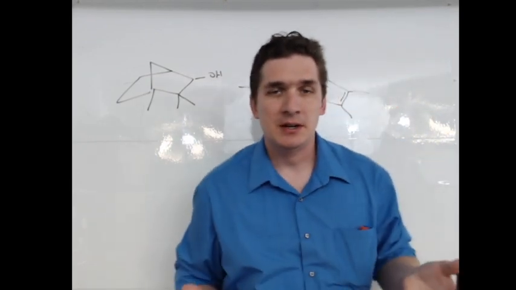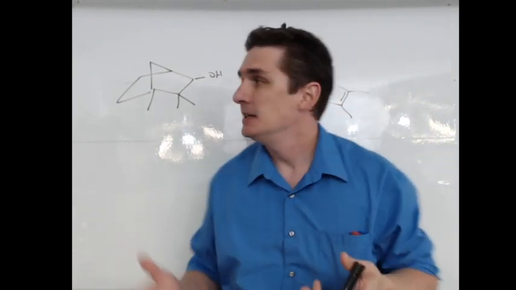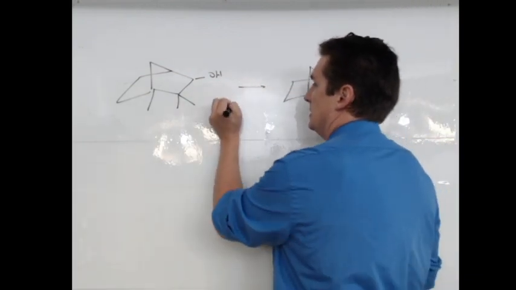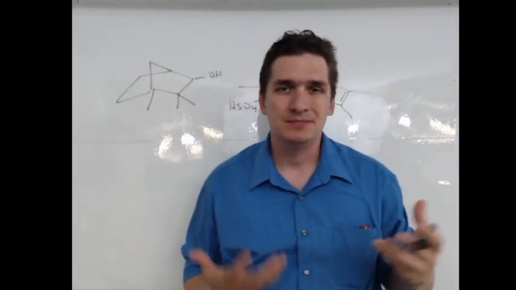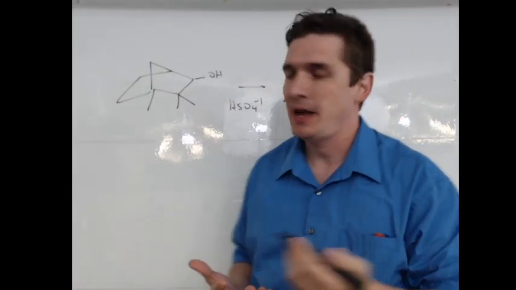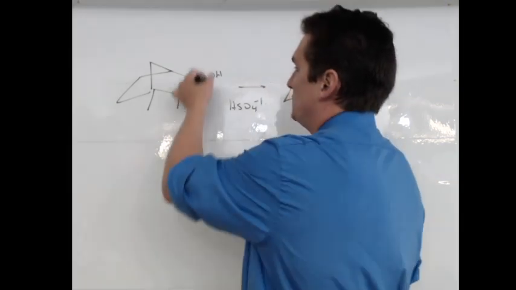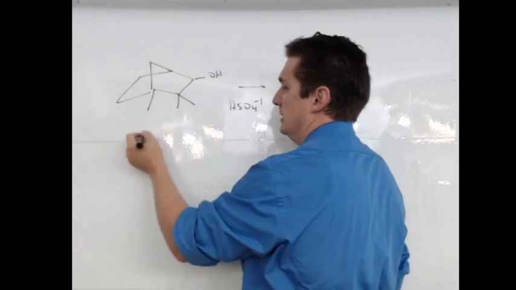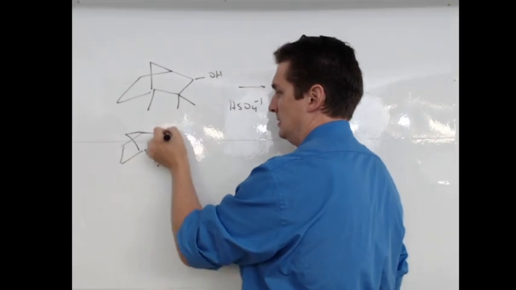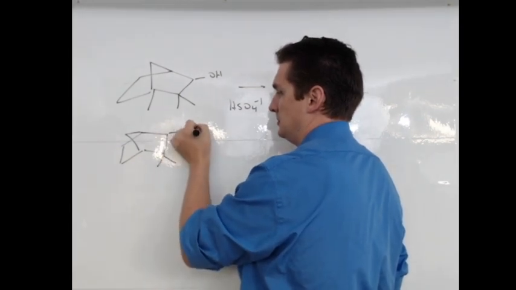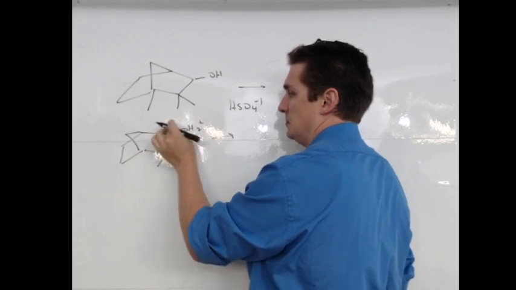If you have elimination by alcohol, almost always you're going to go through an E1 intermediate. That's just the way they prefer to act. HSO4 minus is actually a weak acid. It's kind of weird they would pick that, but H2SO4 is a strong acid, so there's no going backwards with this. So your first step will be to protonate your OH group, give you OH2 plus, and this is going to be your leaving group.